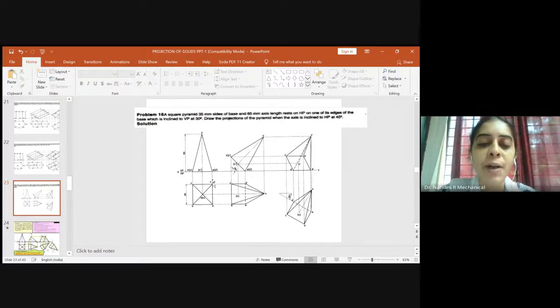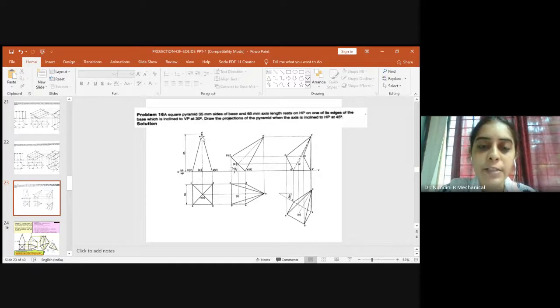So the projections from the other edges will be restricted to the bottom surface only on the XY line. From there we will join directly to our apex. Here also you will join, because in the front view it looks only like a triangle and not a rectangular surface. So you will frame a triangular surface.